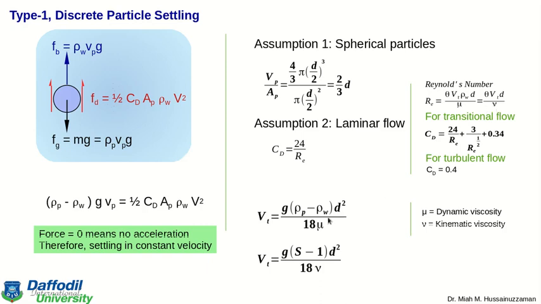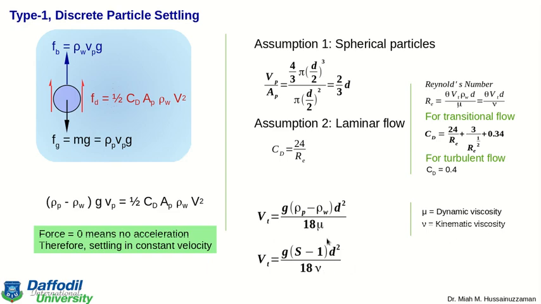So if we change it to kinematic viscosity, the equation becomes like this. You can see rho W, the density of water, divided by the density of water becomes 1, and particle density divided by water density makes it the specific gravity. And in the bottom part, mu divided by rho W makes it nu, that means kinematic viscosity.